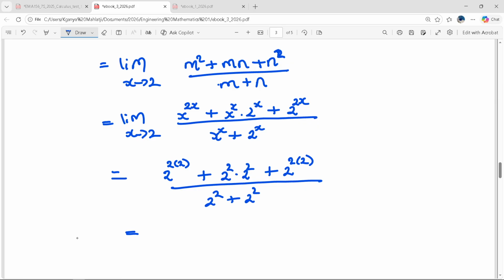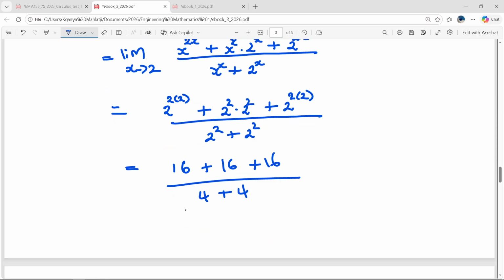Now here, this one should be 2^4, I think it's 16, plus 16, 2^2 multiplied by 2^2 plus 16, over 4 + 4.